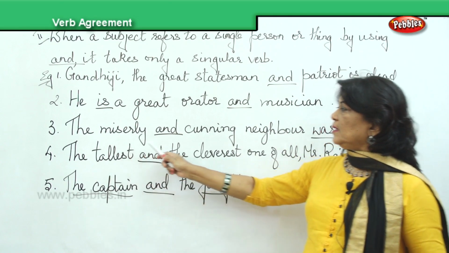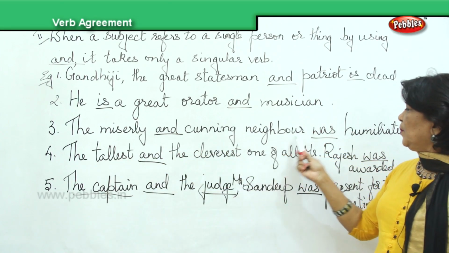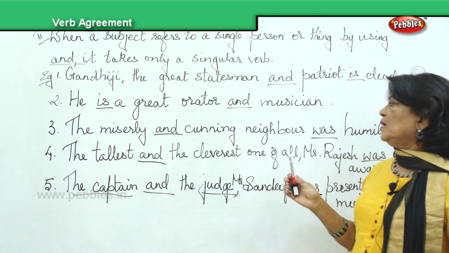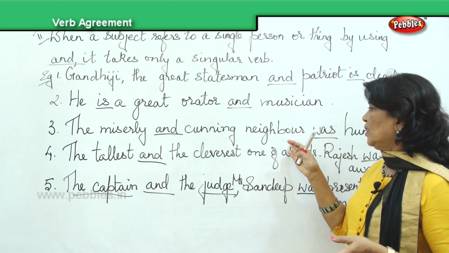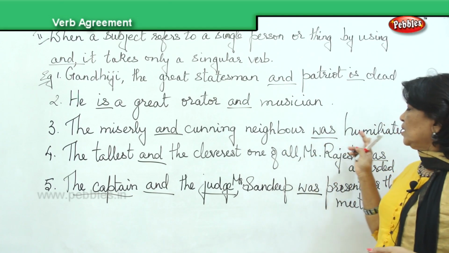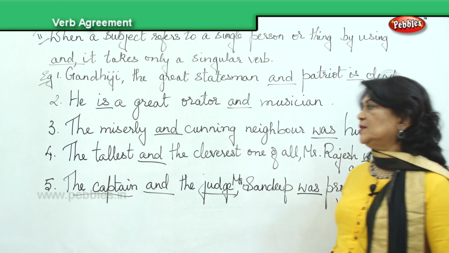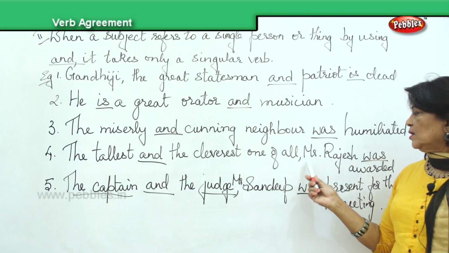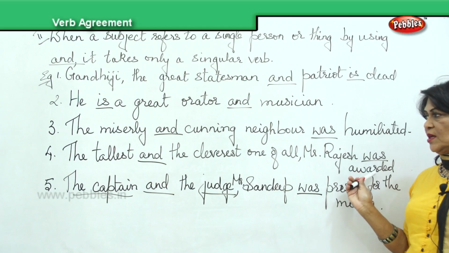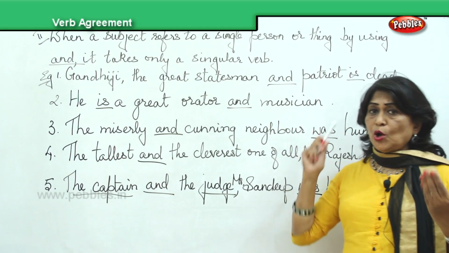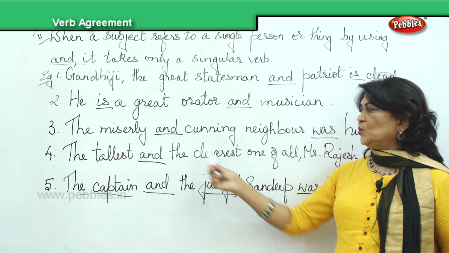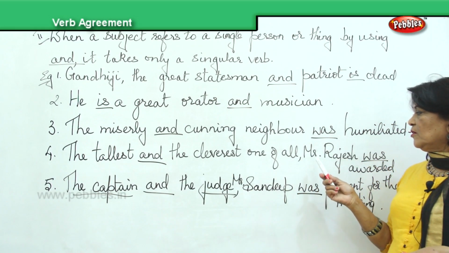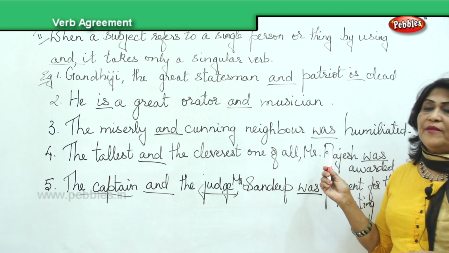The miserly and cunning neighbor was humiliated. Miserly and cunning are the two qualities of the neighbor, and he was humiliated. We are using the singular verb. The tallest and the cleverest one of all, Mr. Rajesh, was awarded. Being tall and clever, these two are his talents. Who does that refer to?